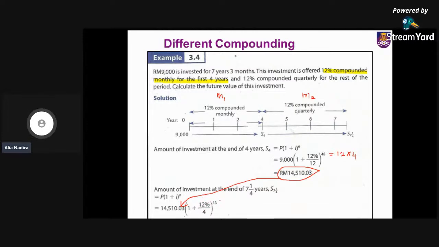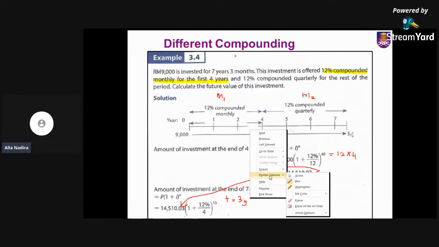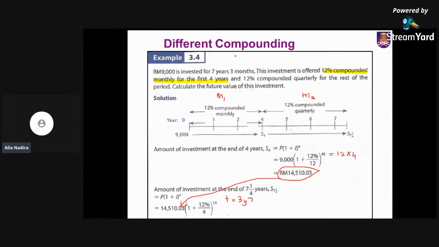Why 13? How many years are left here? The total number of years is 7 years, 3 months. We have calculated for the first 4 years, so here T is 3 years and 3 months. So M times T, we obtain 13. So you will get this one. This is the final answer.